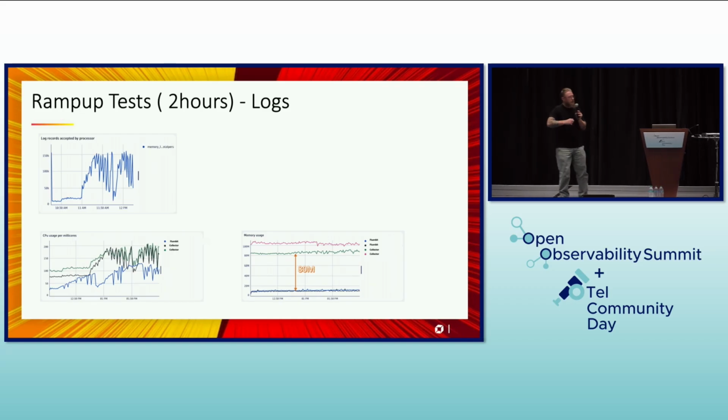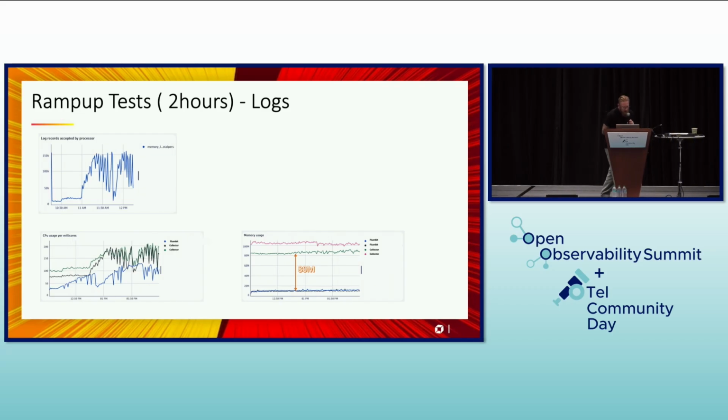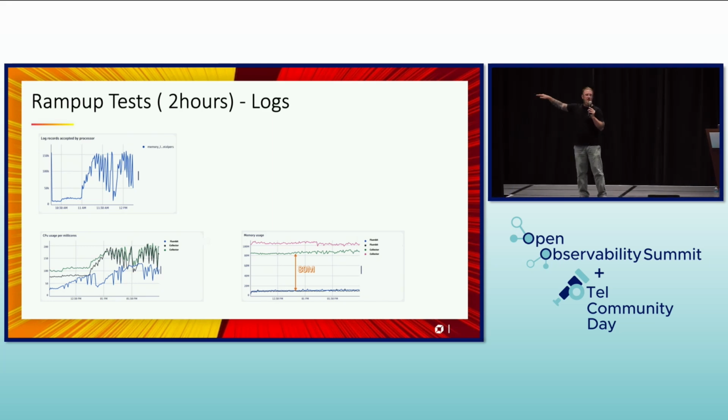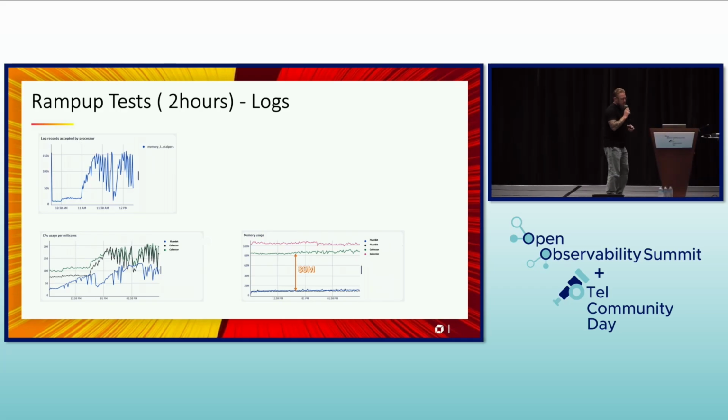It's not super great compared to the collector, but it's better. It's consuming less CPU, less than 100 millicores. But it's in the memory that you see the difference. The memory in Fluent Bit, you don't even see it, it's like 15, 20 megs. And the collector is about 90 to 120 megs. So we have an average of 80 megs difference between both of them.